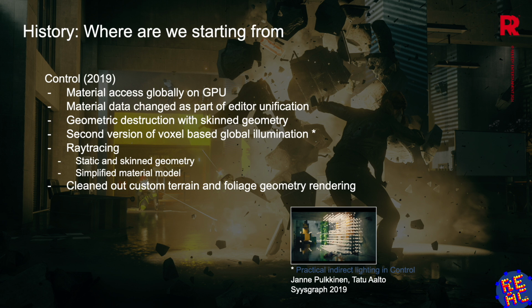Efficient ray tracing requires unified GPU access to all material and lighting data, and we had just that. Plus a redesigned voxel-based global illumination system that was many times faster than our original, which was shipped with Quantum Break.